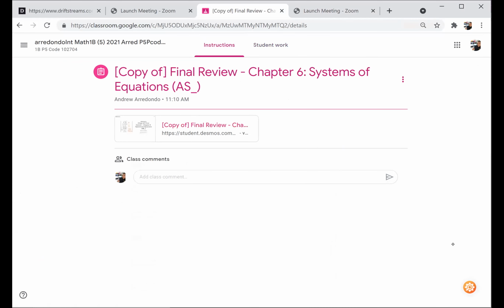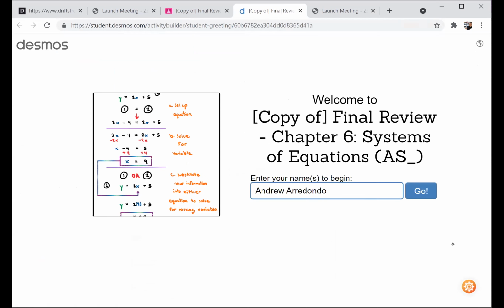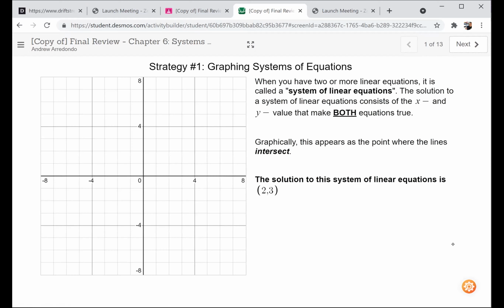Go to the instructions and go ahead and click on the icon. We're all business, you guys.